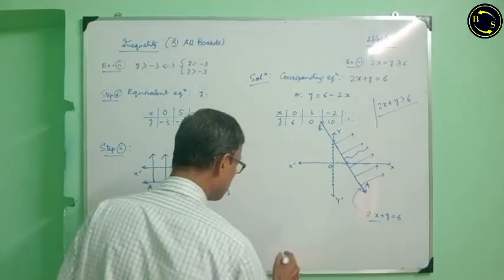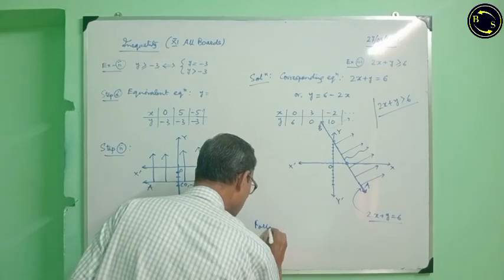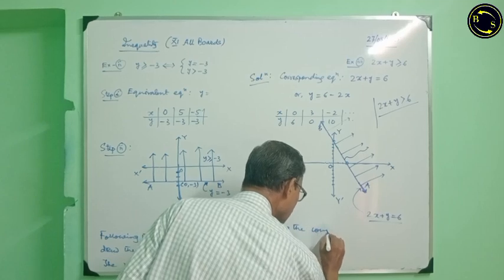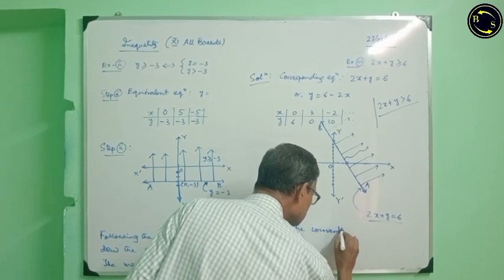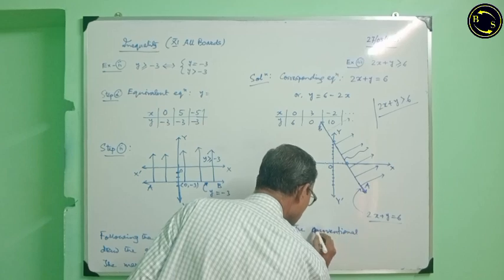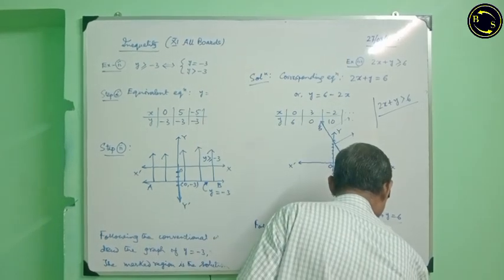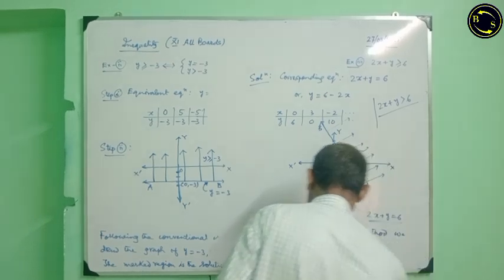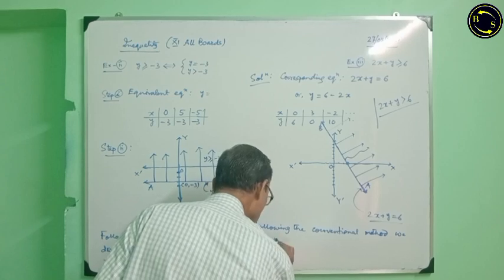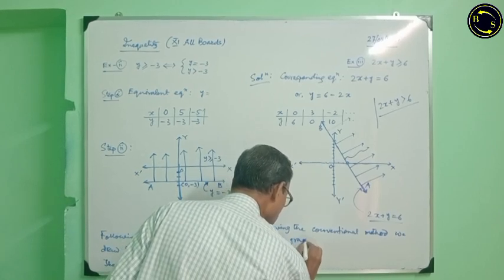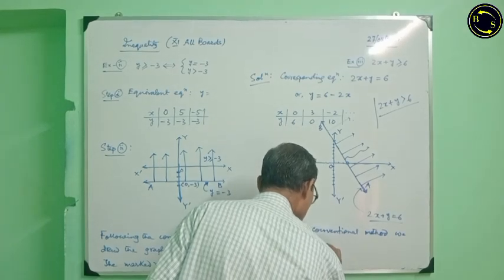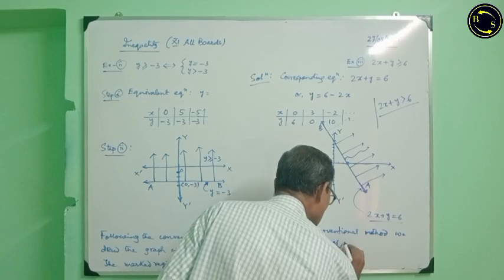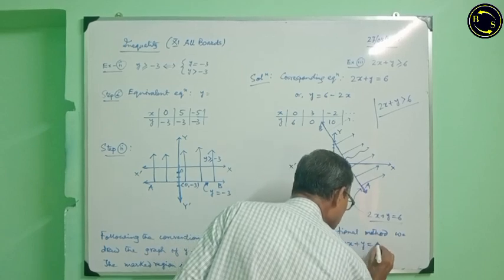Therefore, now this statement following the conventional way, we draw the graph AB of 2x plus y is equal to 6.